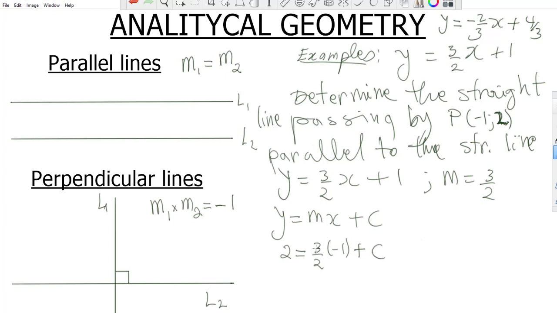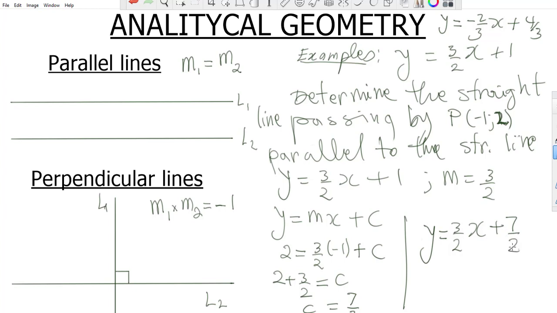When you multiply here will be minus 3 over 2, you transpose will be plus 3 over 2 equal to c. So c will give you 7 over 2. Therefore, the equation of a straight line with the same gradient, 3 over 2, is y equals 3 over 2 x plus 7 over 2.